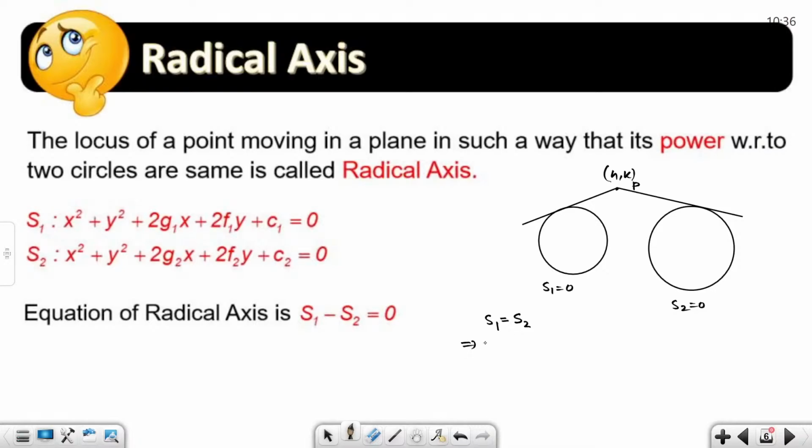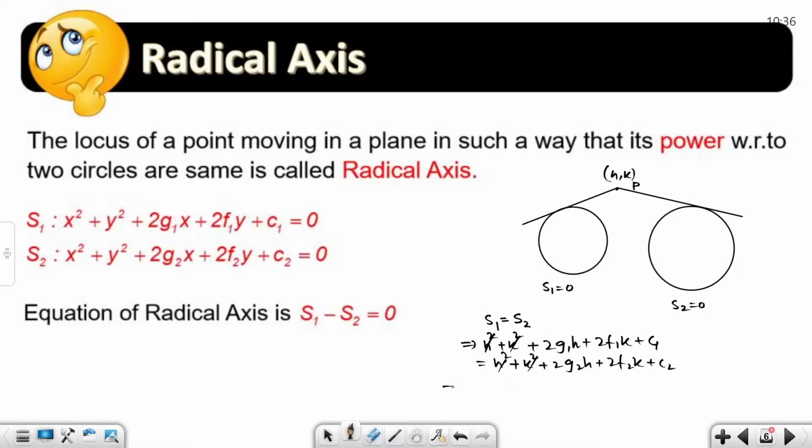That implies, for the first circle, I am writing the power of the point P, which equals the power of the point P with respect to the second circle. Is it clear?